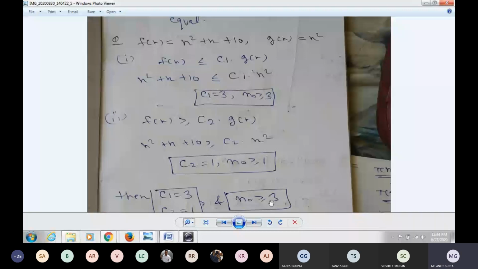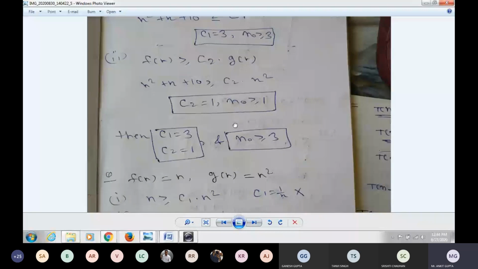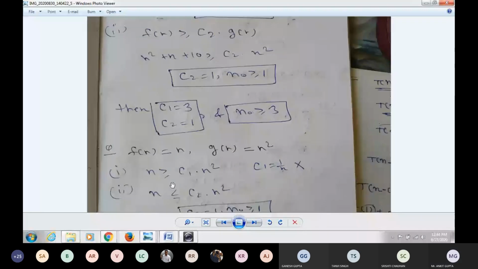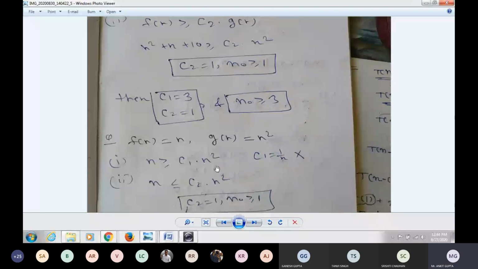Okay, so you can see the next example. F of n is equal to n, g of n is n square. In the first case, n greater than or equal to c1 n square. It cannot be true.